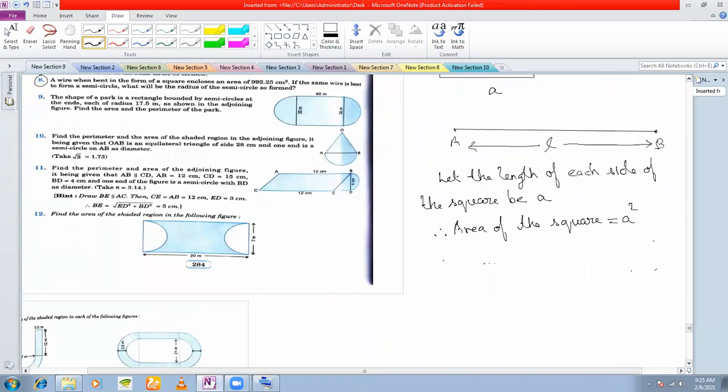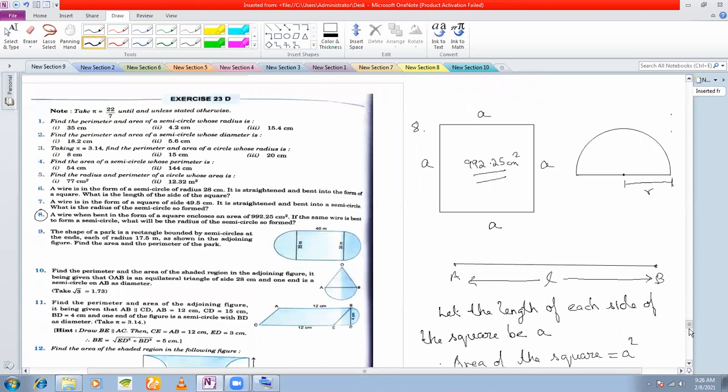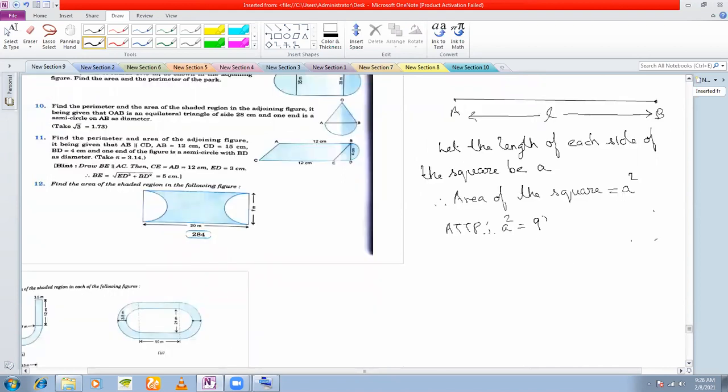And according to the problem, A square must be equal to, area given is 992.25. Therefore, A is the square root of 992.25. Now, we shall proceed to find out the square root of 992.25 by division method.